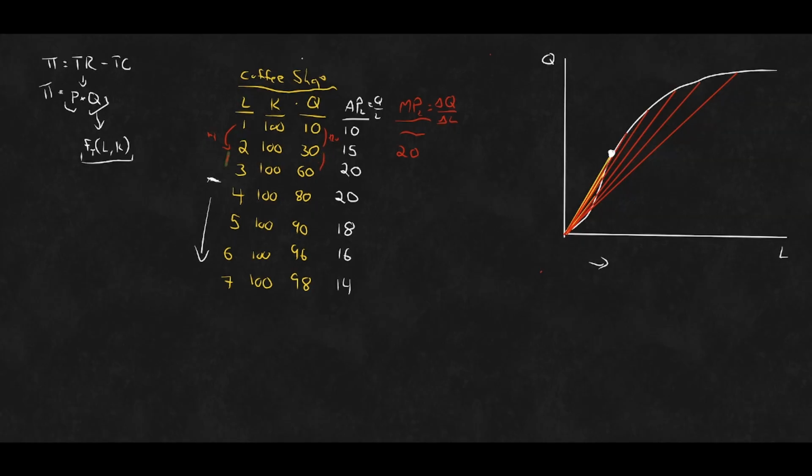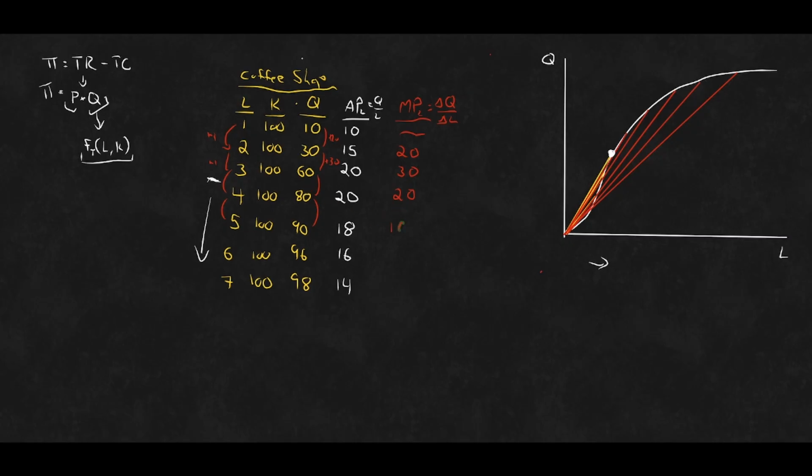Here, we added an additional worker, another plus 1 worker, and we got an additional 30 cups. So our marginal product of labor is 30. Then we added from 3 to 4 an additional 1. In this case, we got 60 to 80, only an additional 20. Oh, we see that our marginal product of labor peaked. And then now as we carry on, 4 to 5, an additional worker, output increased by 10.